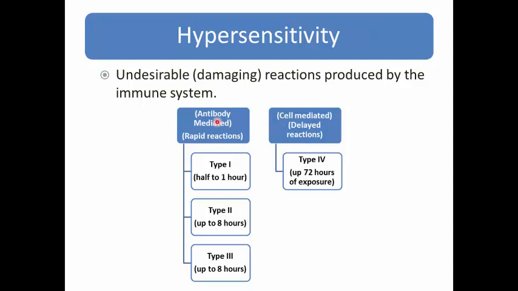The antibody-mediated includes type 1, type 2, and type 3. Type 1 occurs from half an hour to an hour after exposure to the antigen or allergen. Type 2 up to 8 hours. Type 3 also up to 8 hours. While type 4 is up to 72 hours from the time of exposure.